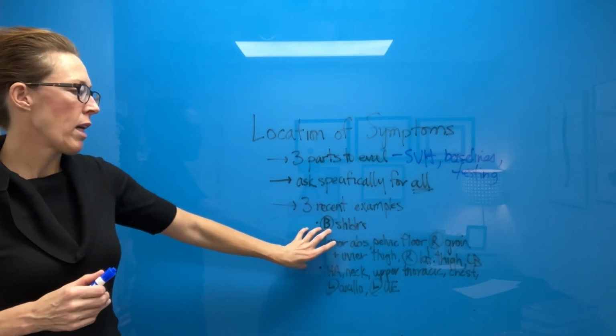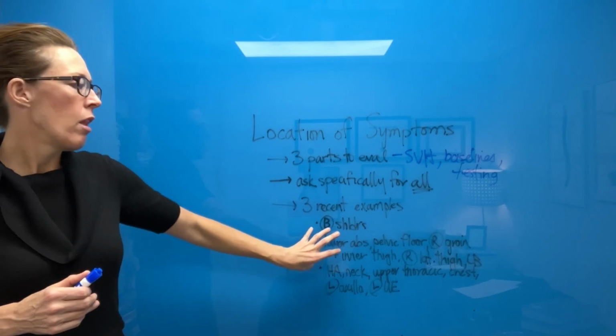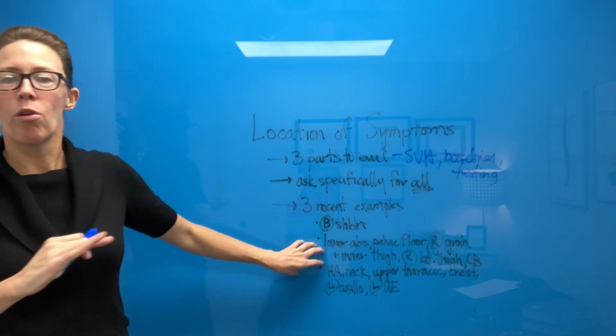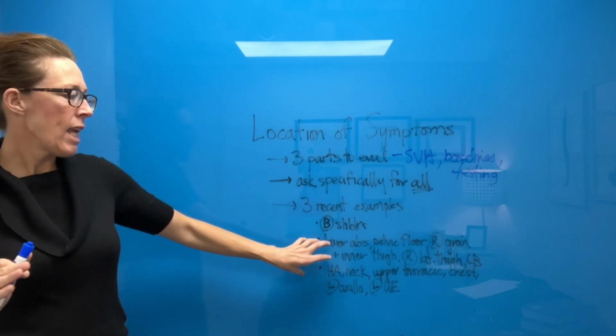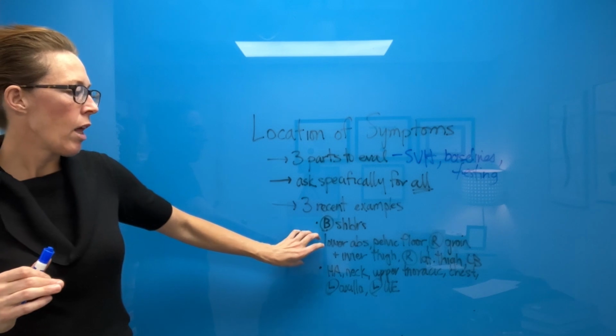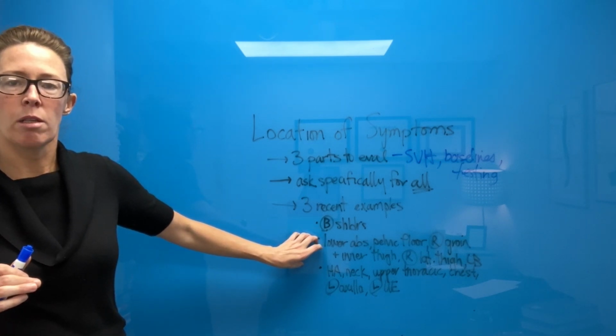But again, going back to what the theme is for today, this location of symptoms has to make you think spine or non-musculoskeletal, because I can't think of a musculoskeletal problem other than referred symptoms from the spine that could create all of those disparate symptoms.